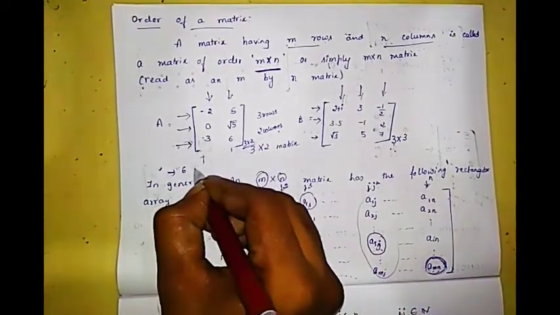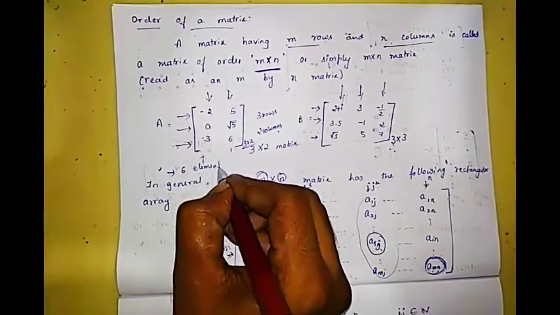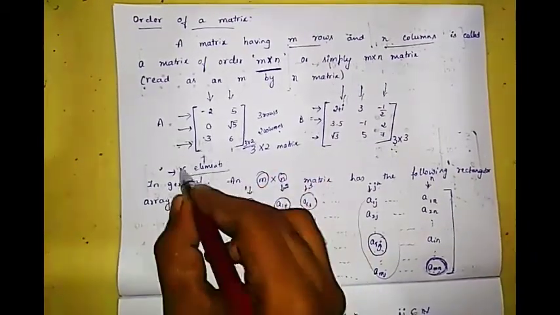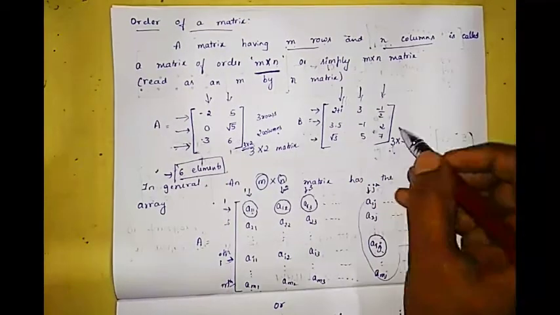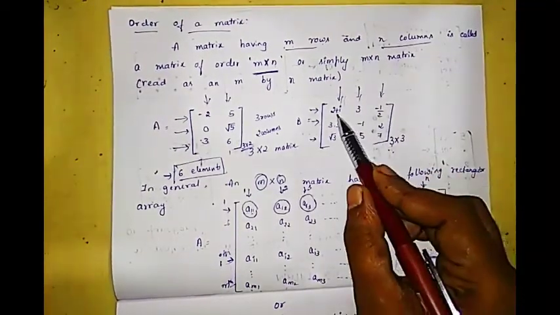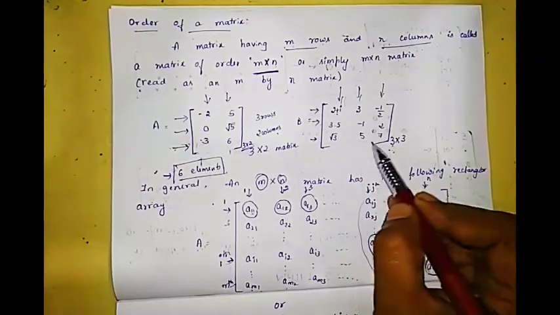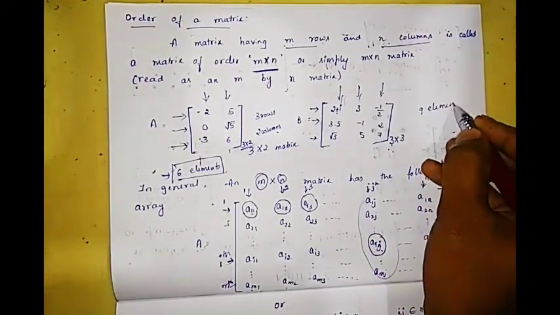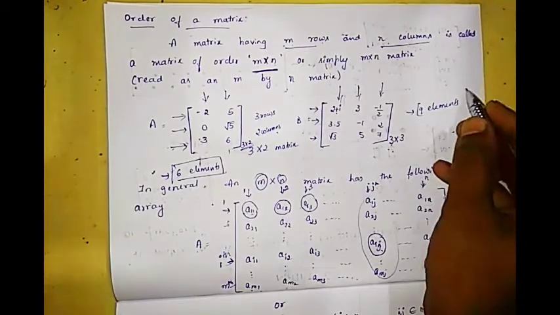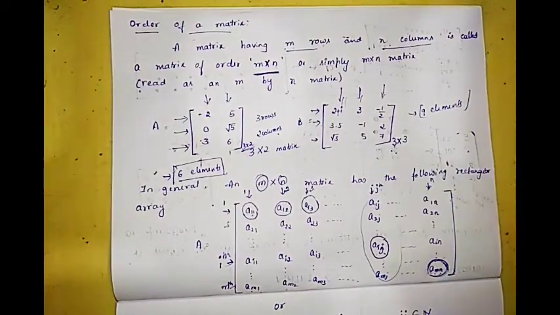Total there are 6 elements in the matrix A. And in this, count the elements: 1, 2, 3, 4, 5, 6, 7, 8, 9. So there are 9 elements. Total number of elements is 9 in the matrix B.